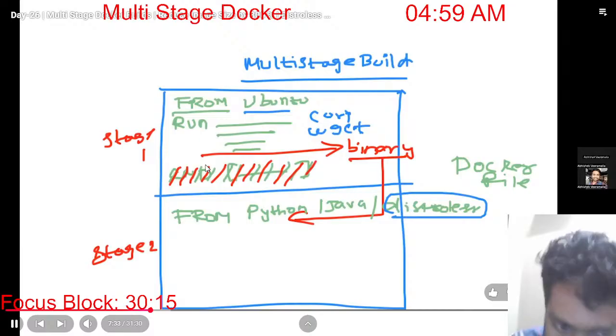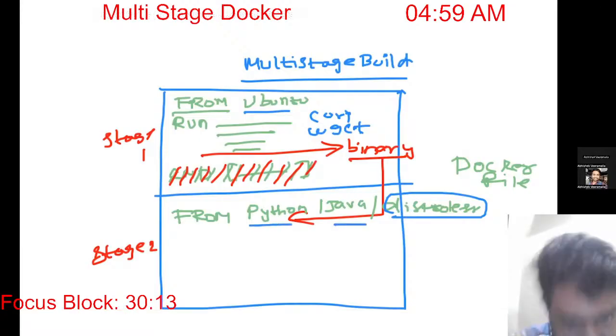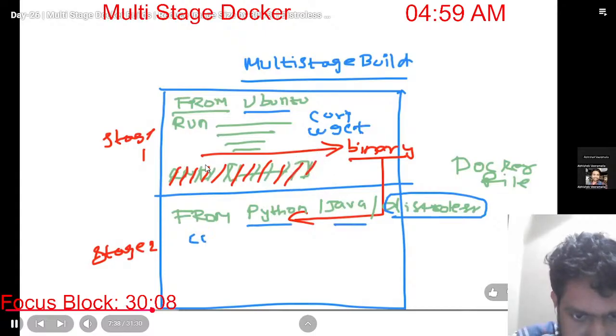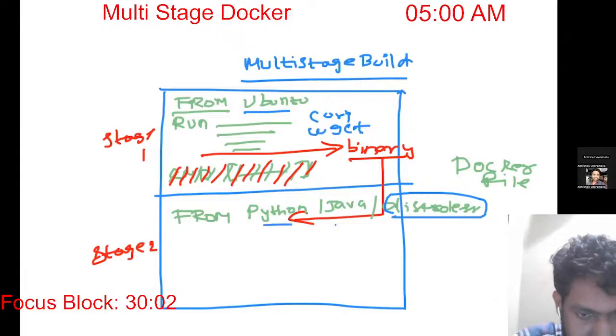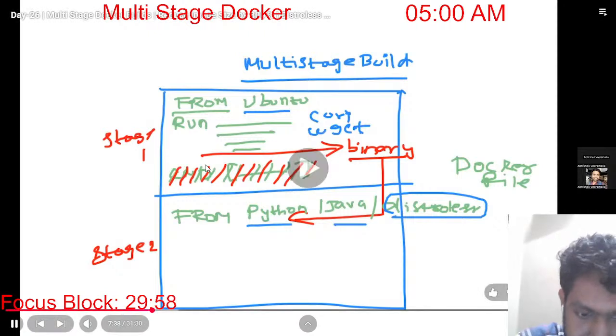But these Python runtime or this Java runtime images, they are specifically Python images. They might not have curl.